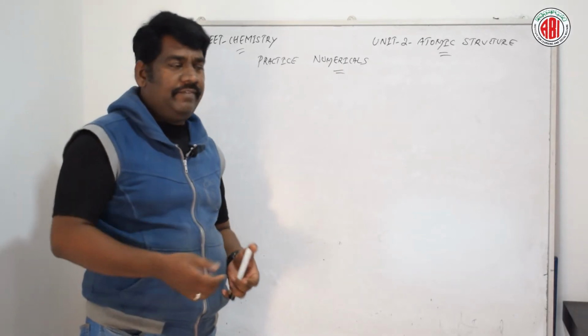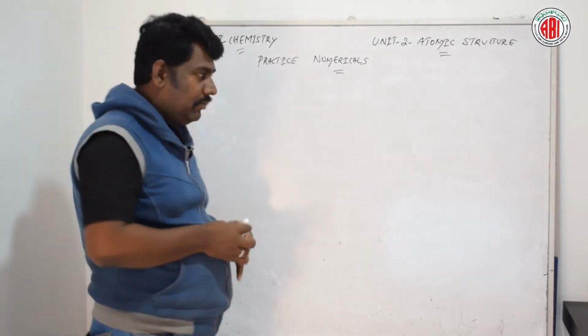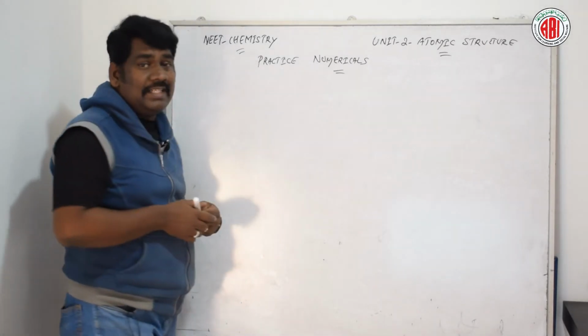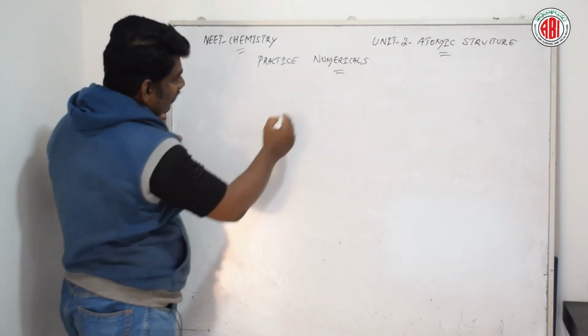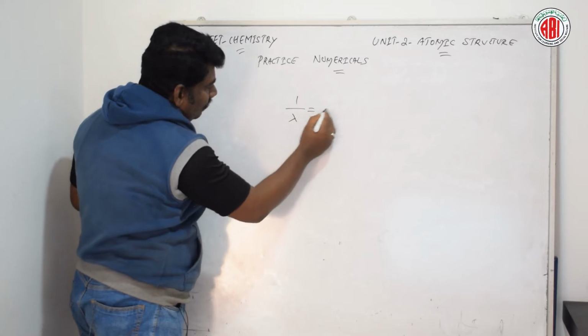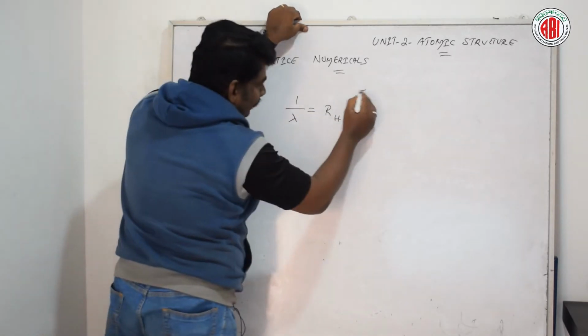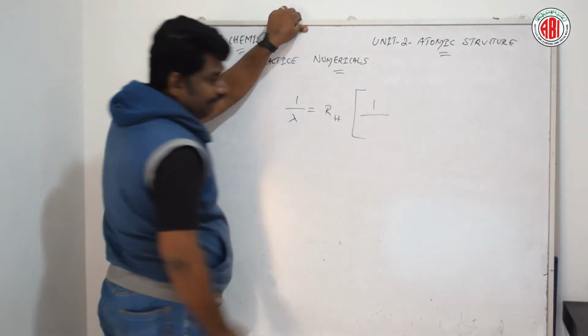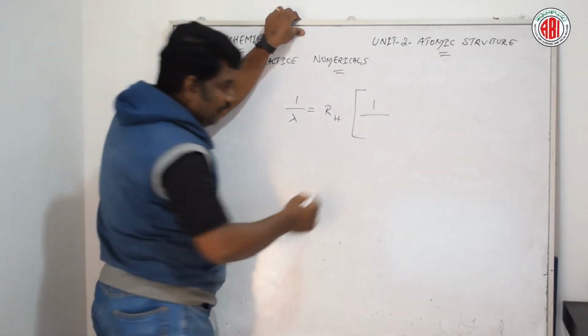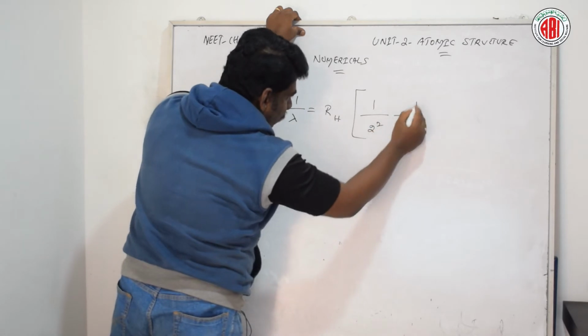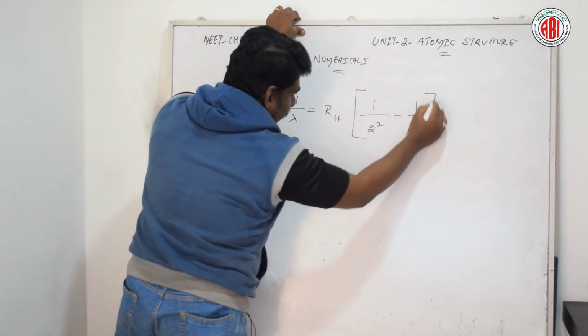Here we are going to find the n value using the Rydberg constant equation, that is 1 by lambda is equal to the Rydberg constant into 1 by 2 squared minus 1 by n squared. We don't know the value of n.